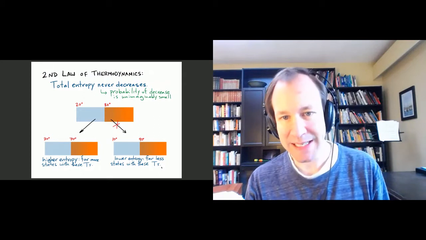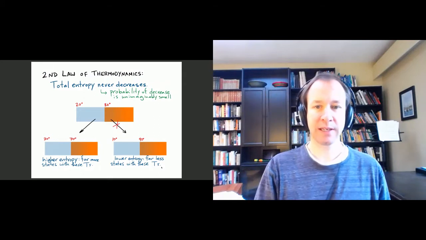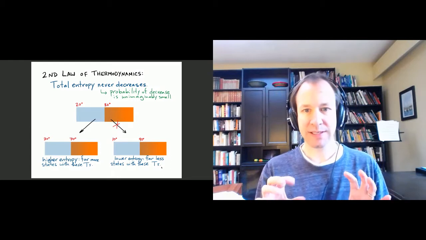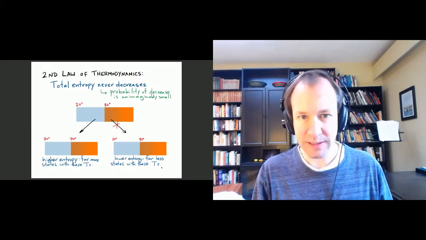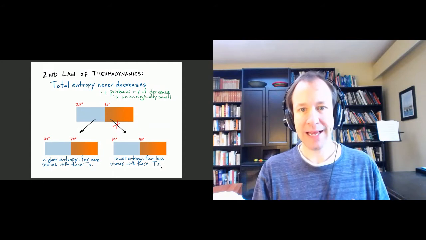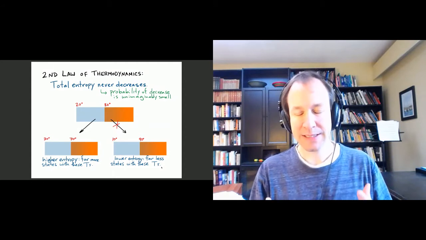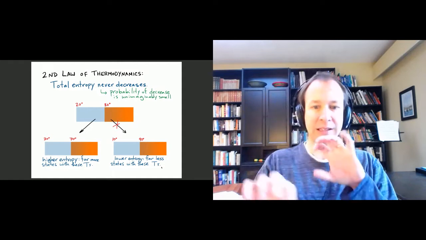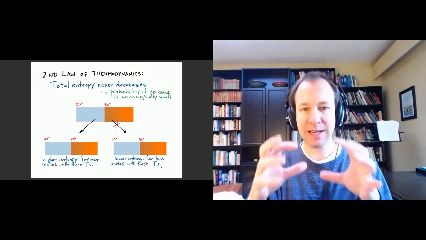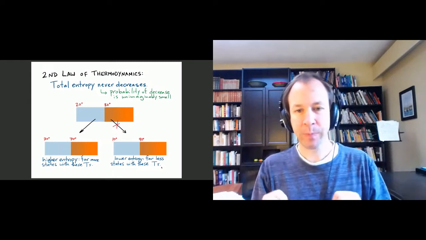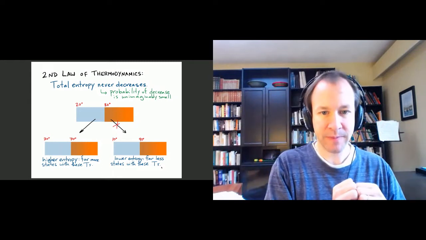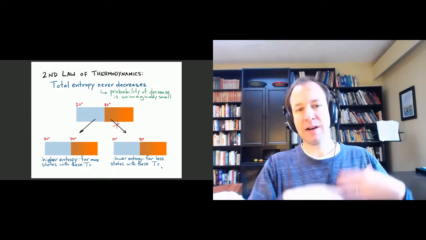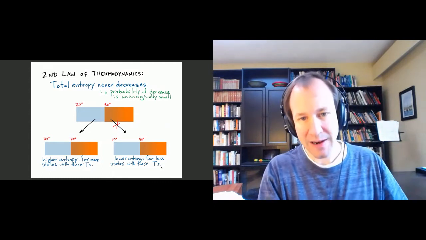Okay, so with that definition, we can state the second law of thermodynamics, which is that the total entropy never decreases. And it's a really simple statement. It's just the statement that, allowing the random processes inside your material to happen, you're always going to end up in the configuration where there's a higher entropy.